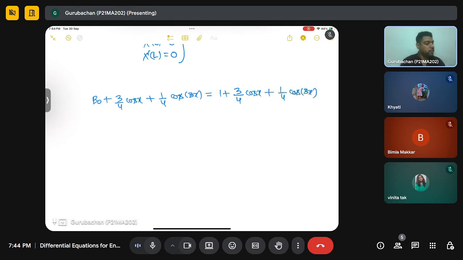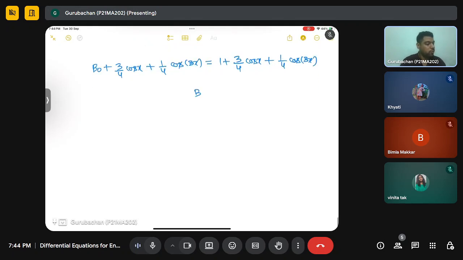When you compare these quantities, you will get b naught to be 1. Then u(x,t) can be written as sin x cos t divided by 4.